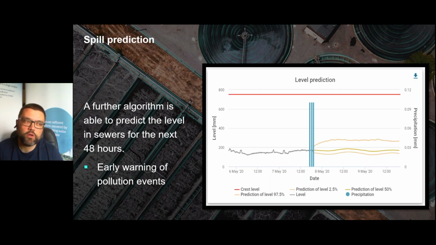And although you can't necessarily prevent them, you can actually help your end customers understand that something's going to happen and they can keep themselves safe. Also, if it is a particular area, you could perhaps deploy mitigating measures. You could pump it out, you could put a temporary tank in place. There's things you could do.